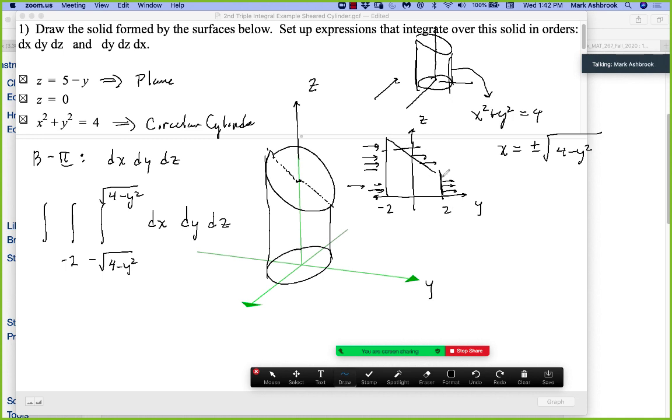So this is z equals 5 minus y, which is the same as y equals 5 minus z. So the left side's -2, the first right side is 5 minus z.